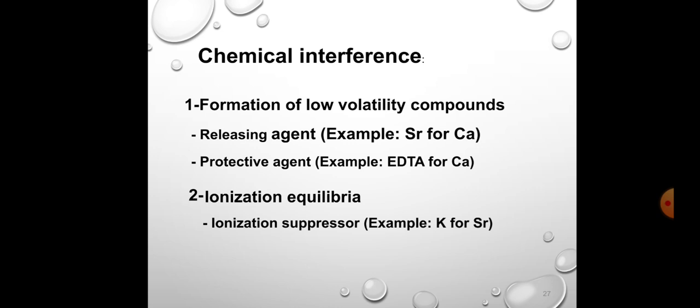And as you know, the wavelengths of an element are different from the wavelengths of its ion. So when you are measuring an element, if it's converted to ion, the sensitivity will decrease.